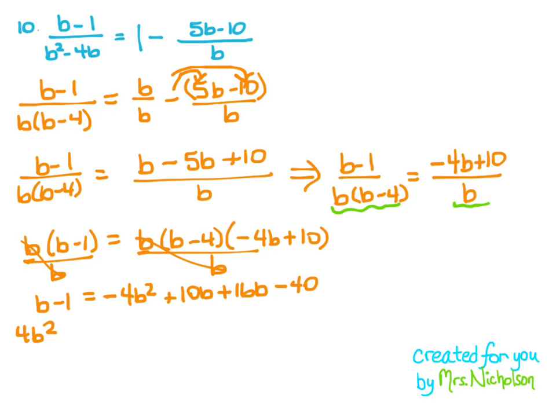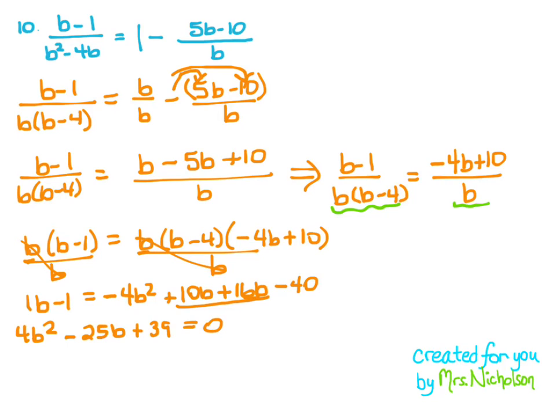And then if I have 10b plus 16b, that's 26b. And if I subtract that over to the other side, then I get negative 25b, because 1b minus 26b would be negative 25b. And then the 40, I'm going to add to the other side, and I get plus 39 equals 0.